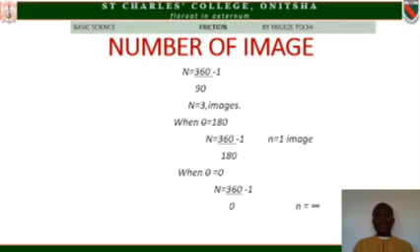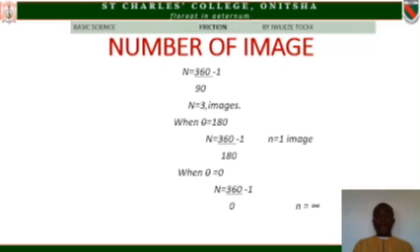When theta is 180 degrees, you substitute inside the equation. The equation is n equals 360 over theta minus 1. Replacing theta with 180 degrees, you have 360 over 180 minus 1.